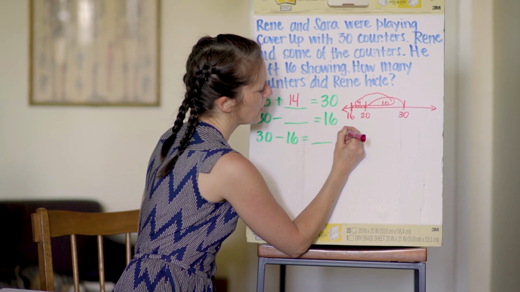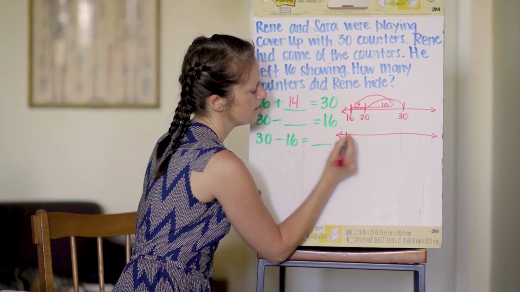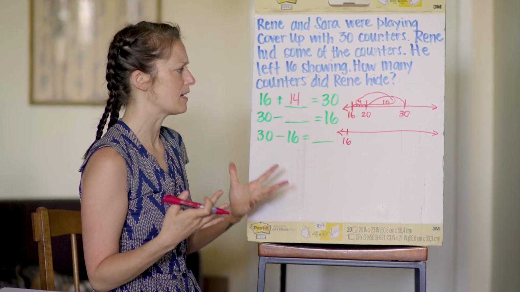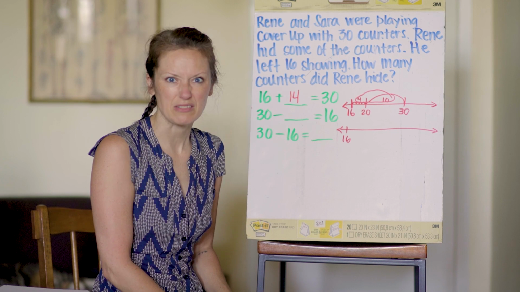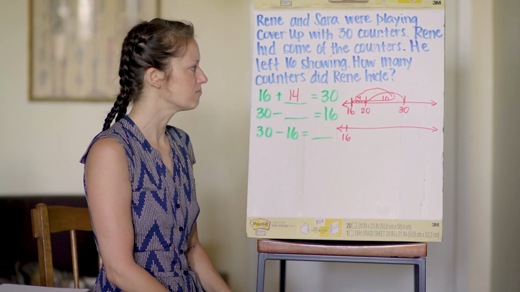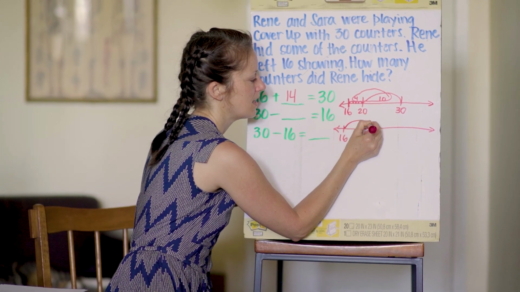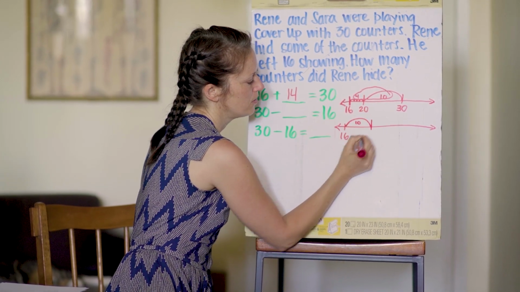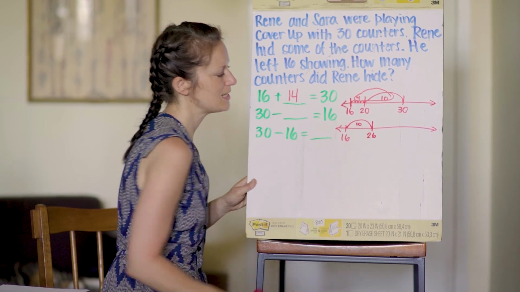Another way you might try this, still adding up. We're starting at our 16, but this time, instead of finding the 20, that friendly number, we're going to jump a friendly number. So I might say, you know what? I'm going to start by jumping 10, because that's a friendly number for me to jump. So 16, if I jump 10 forward, that gets me to 26.